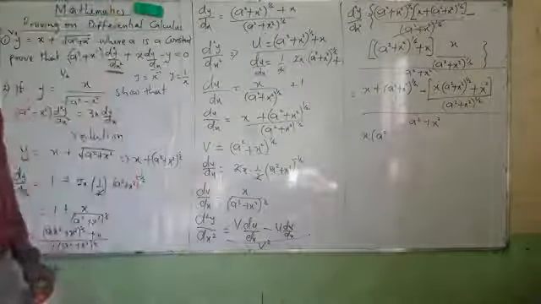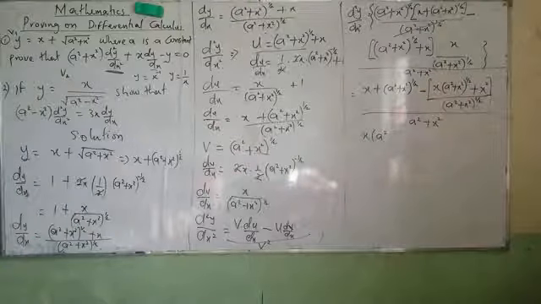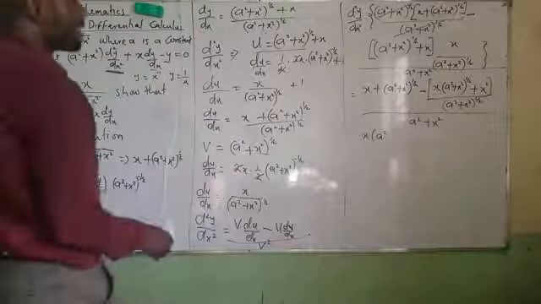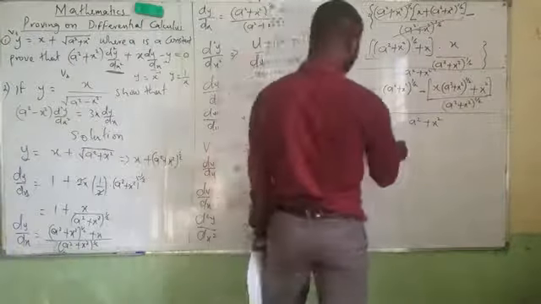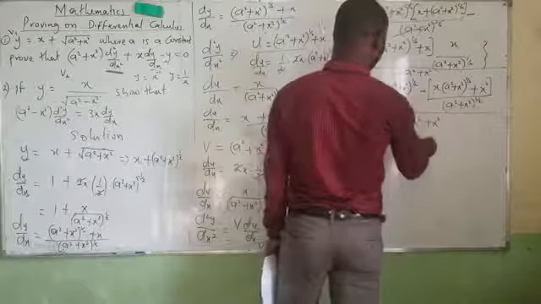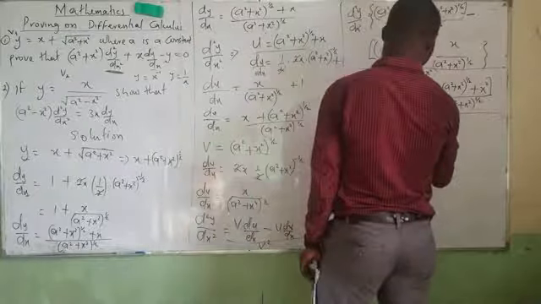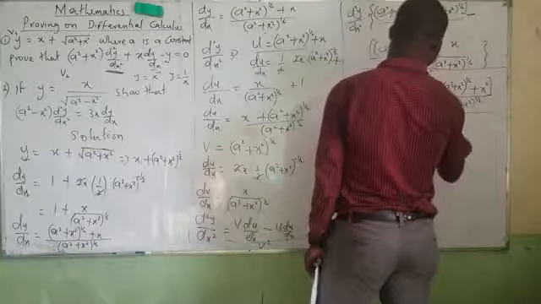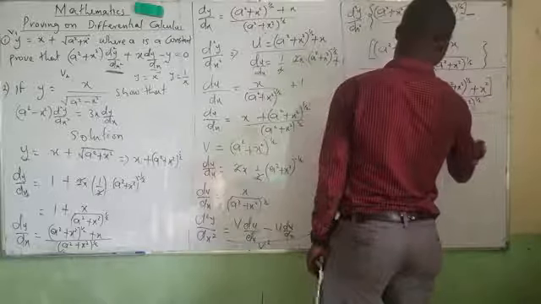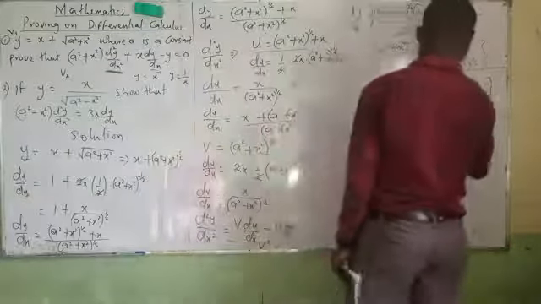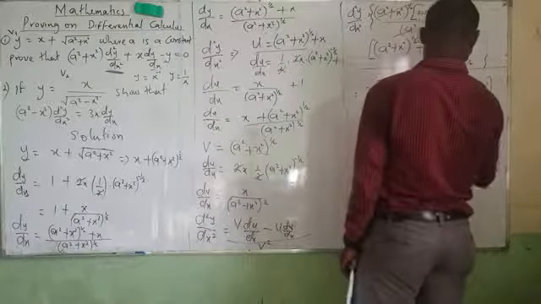Now, I will have this, the square root of a squared plus x squared, and minus x times the square root of a squared plus x squared, minus, plus x squared.